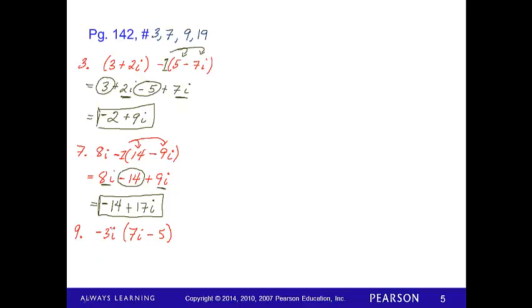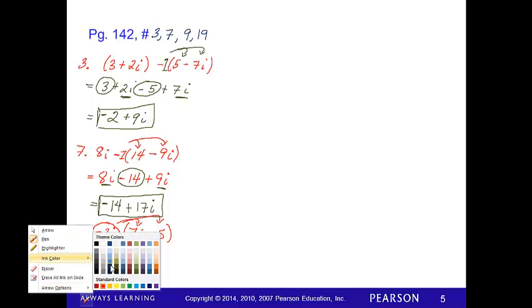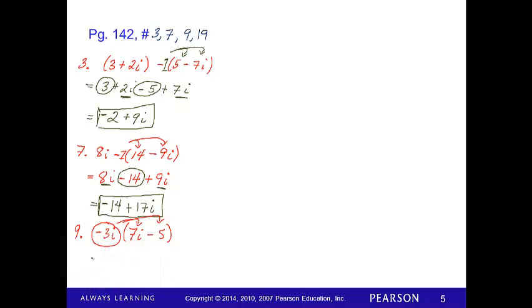Well, just like before, we have this number out front, negative 3i, and we're going to distribute it in by multiplying. So negative 3i times 7i is negative 21i squared. And negative 3i times negative 5 is plus 15i.